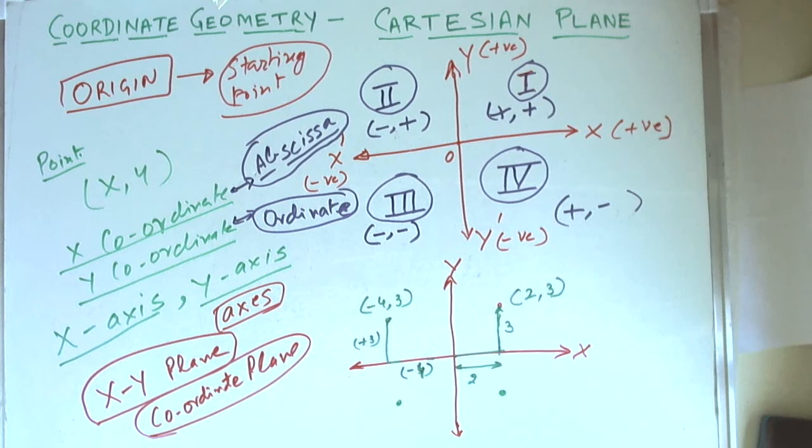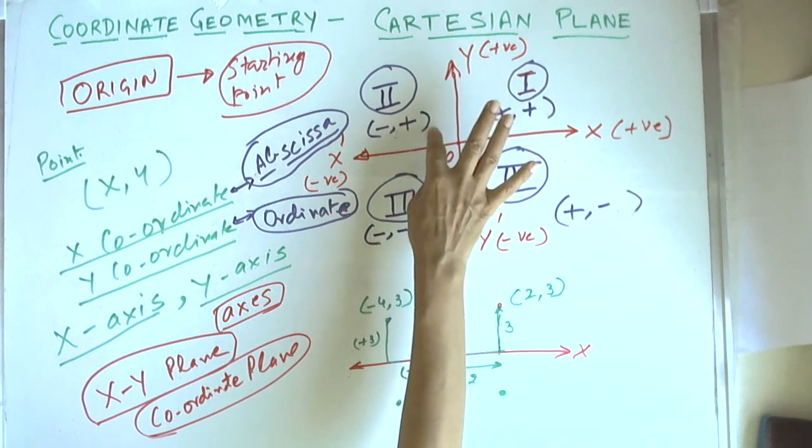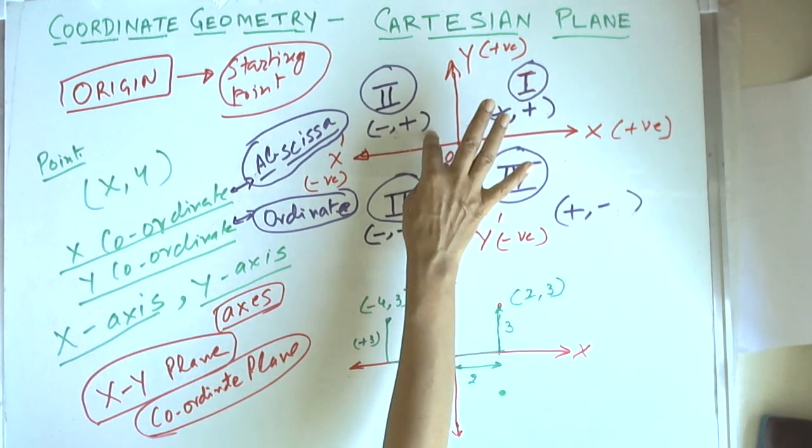So what have we learned? We have learned the Cartesian plane. The other names of Cartesian plane are xy plane or coordinate plane, and basically we have 4 quadrants. In the first quadrant, both x coordinate and y coordinate are plus, whereas in the second quadrant x coordinate is minus and y coordinate is plus.